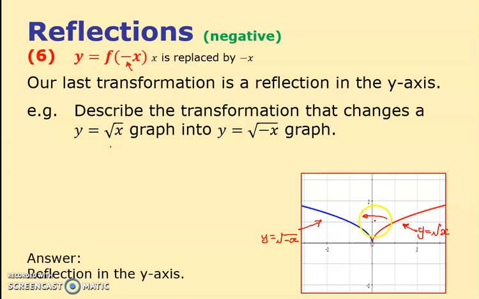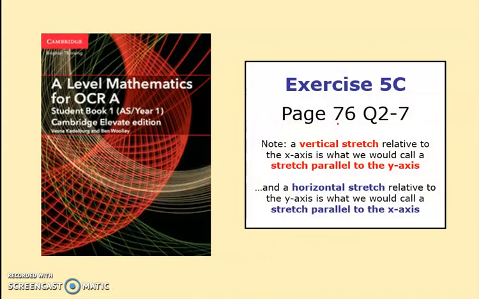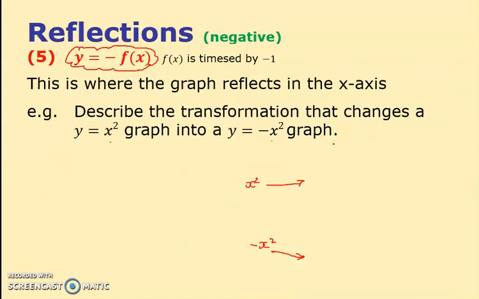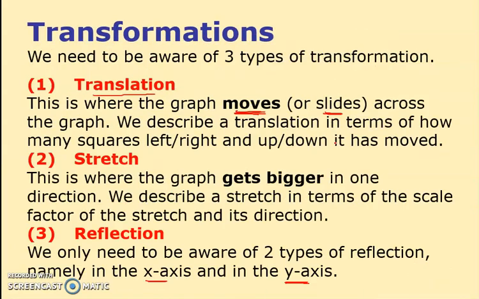Now our job is to learn all of these and get practice, and we'll do some practice in class. We'll practice those initially, and then we'll do some exercises from the book. But what I want you to be aware of is there were 6 different transformations, which I'm moving back through now. 2 of them were translations. One was up down, one was left right.